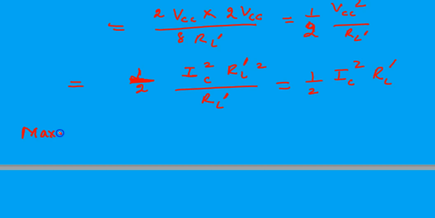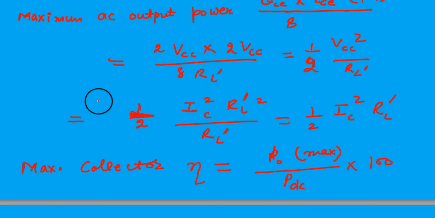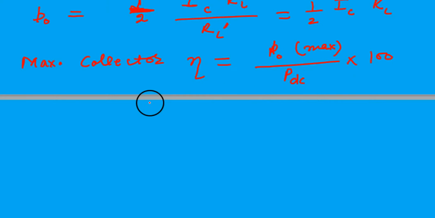Now we find the maximum collector efficiency with transformer. It is output power upon input power. Input power is DC power. So substituting the value of AC output power calculated just above, divided by DC power I square RL dash.